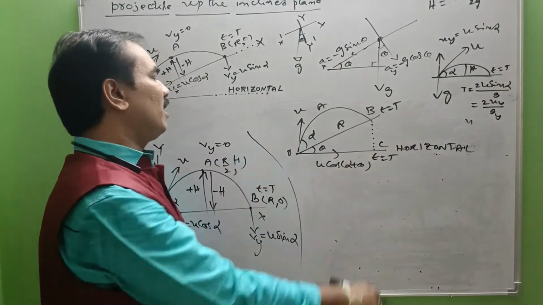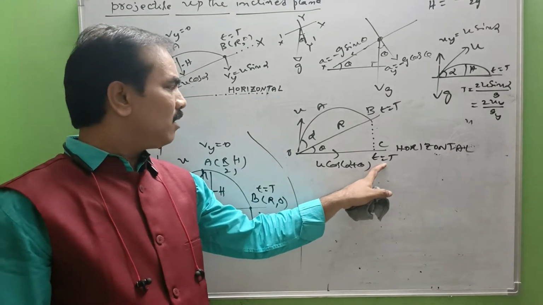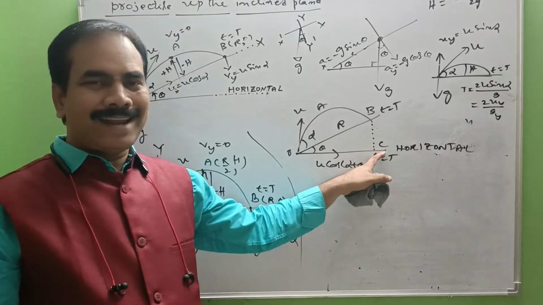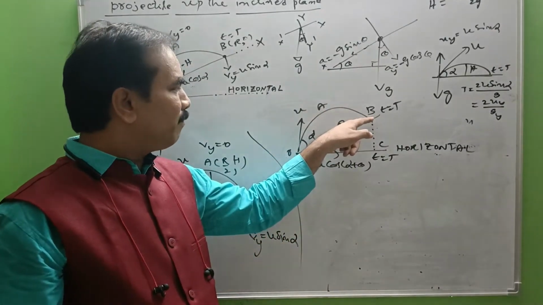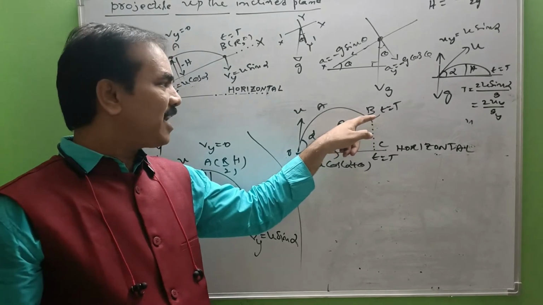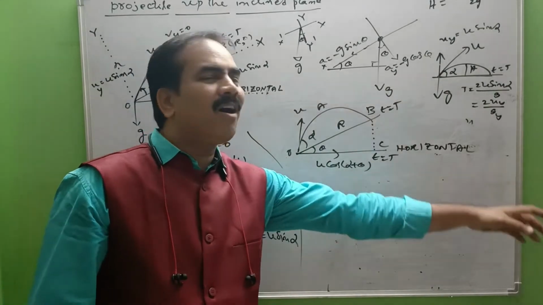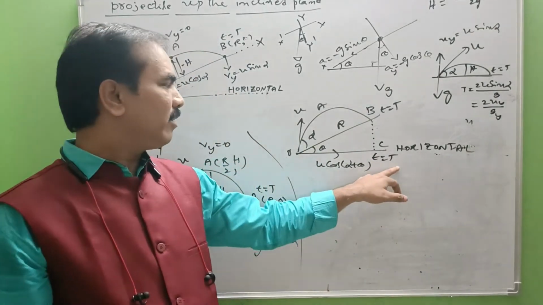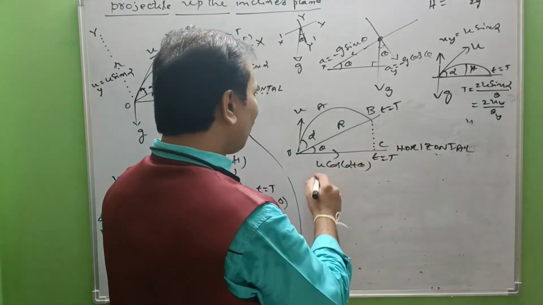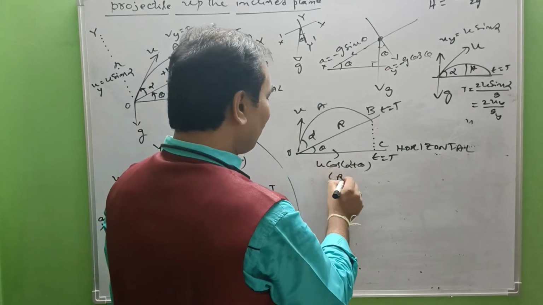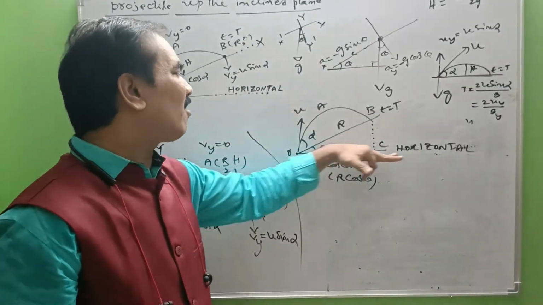Of course, the body does not reach position C directly; it strikes point B on the incline. But in the same time, it covers a distance OC along horizontal. If the range is R, the component along OC is R cos theta. So velocity is u cos(alpha plus theta), but distance is R cos theta.